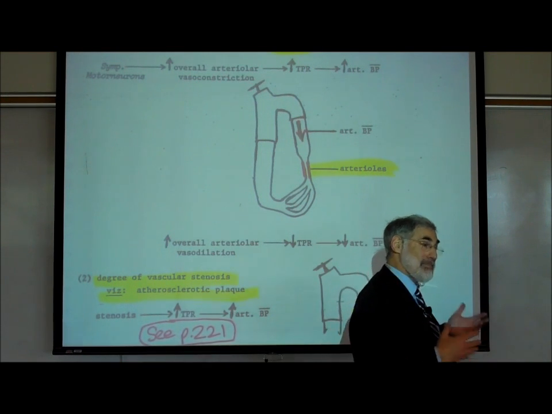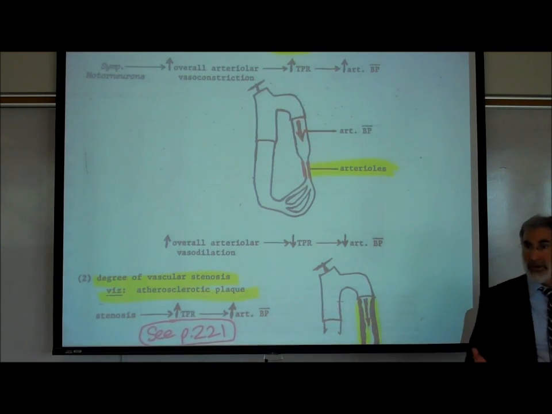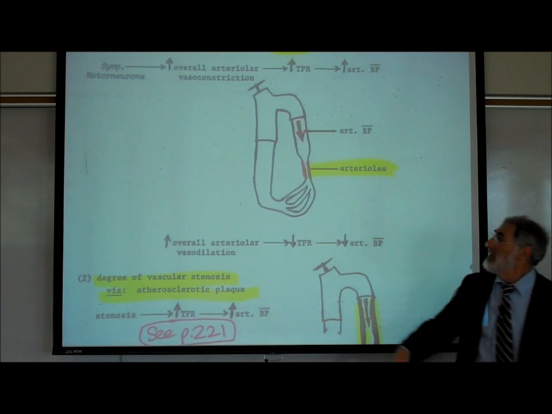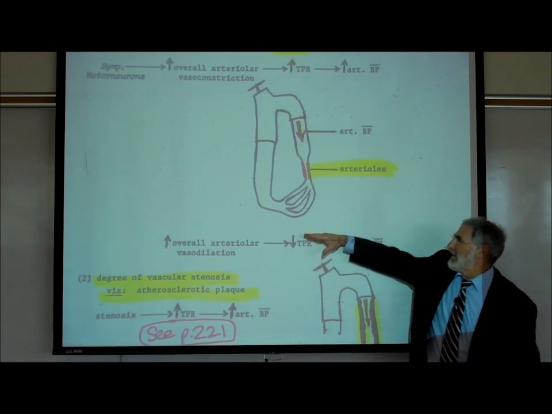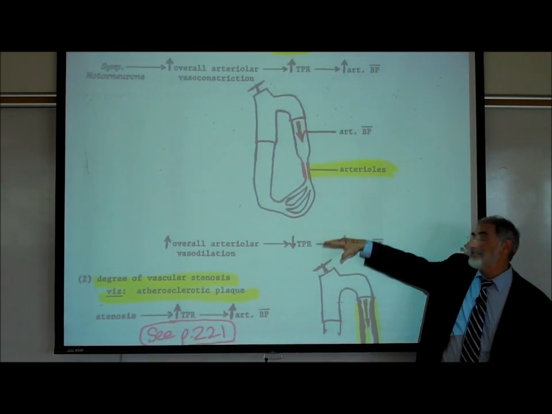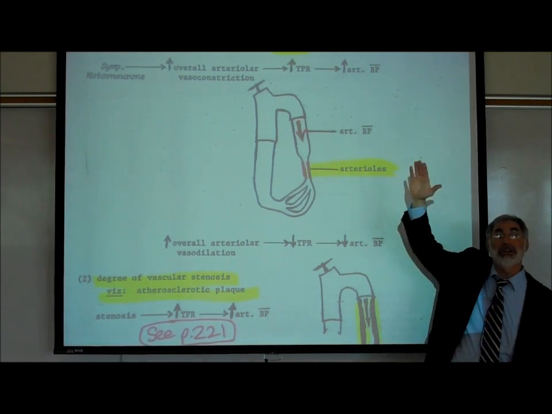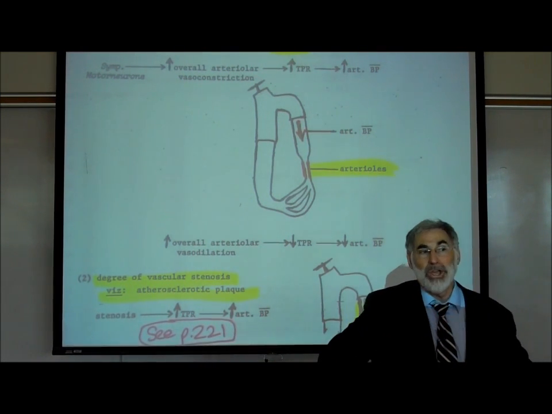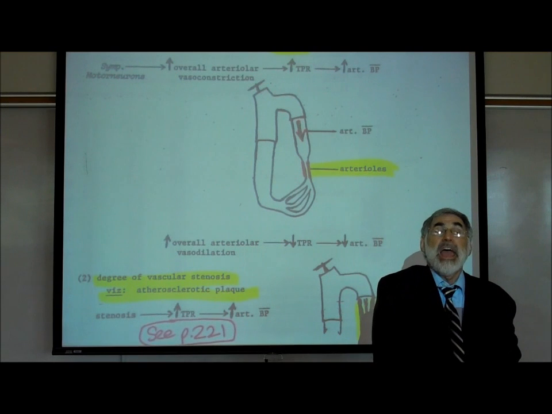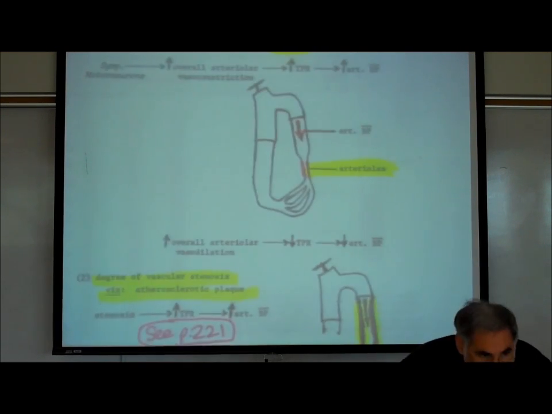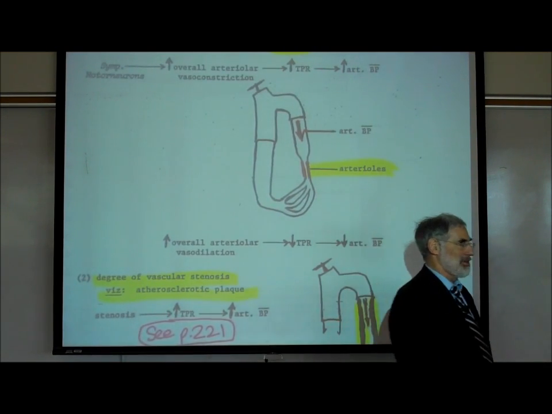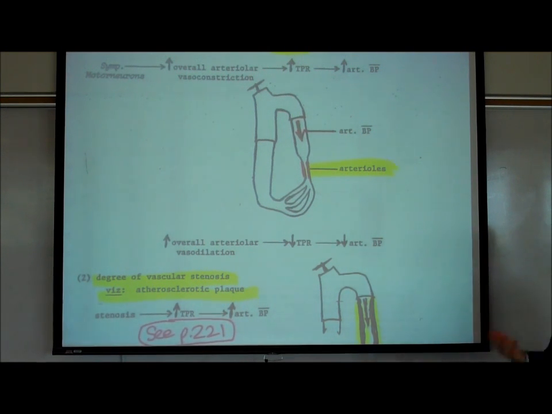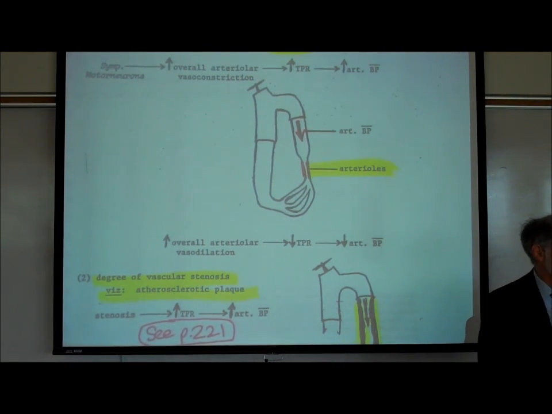You know what histamine does to all the blood vessels in your body? It dilates them. If all the blood vessels are dilating, that drops your peripheral resistance, and what's going to happen to your blood pressure? It drops. So you know what we call an allergic reaction? Anaphylactic shock. Shock means a drop in blood pressure. And that's what's going on, massive vasodilation.